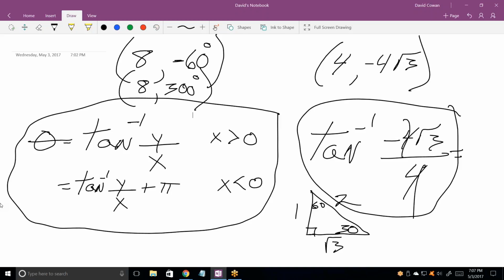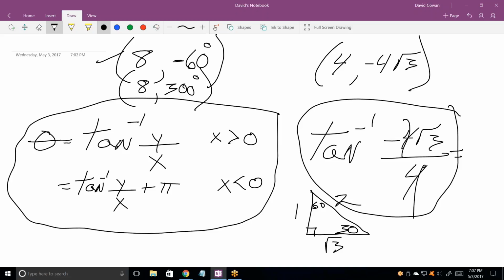You can have negative angles with polar coordinates. So I'd be tempted to go with the first one because it's one less step. And if you're getting this out of your calculator, it's always going to give you that negative angle. It's never going to give you the 300 degree angle as an answer.